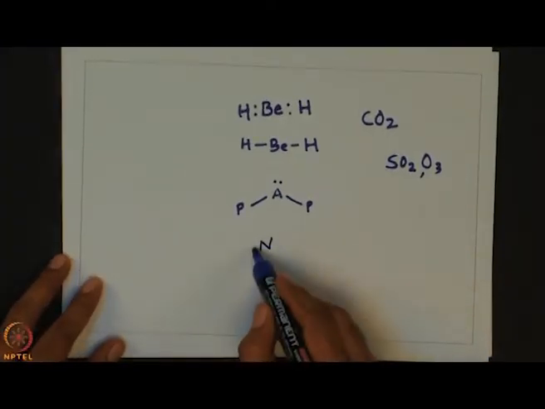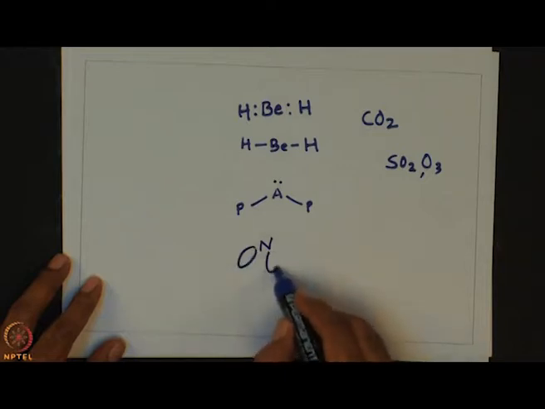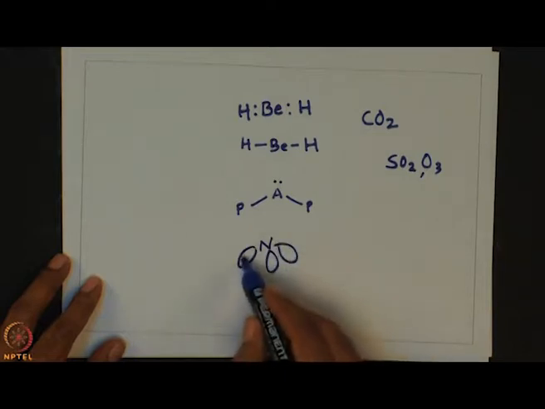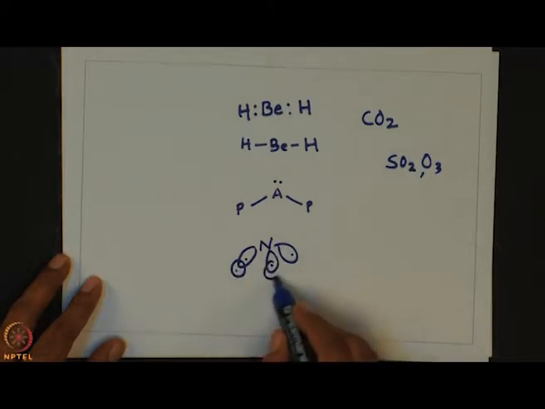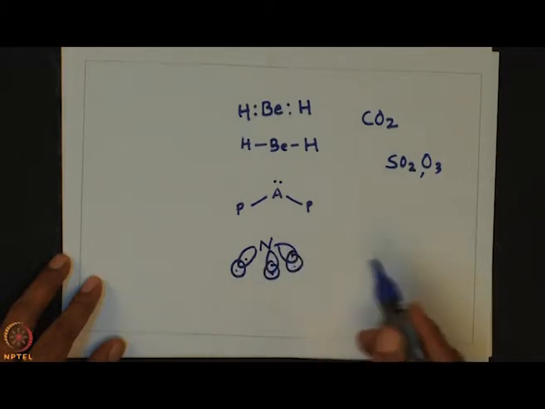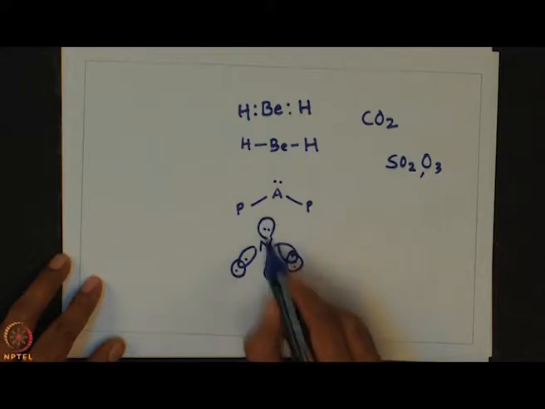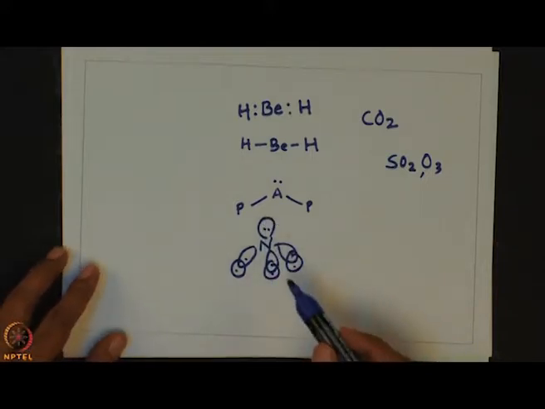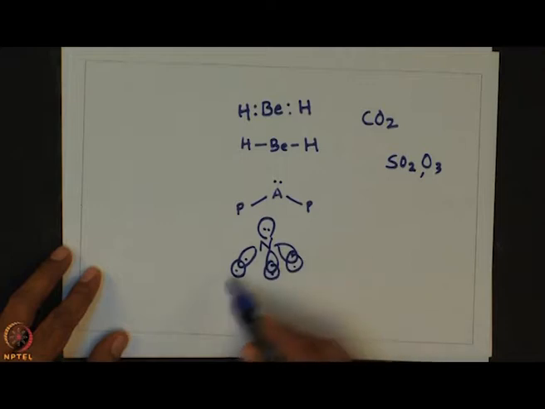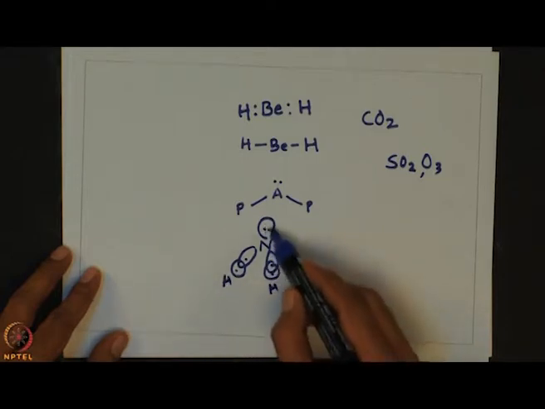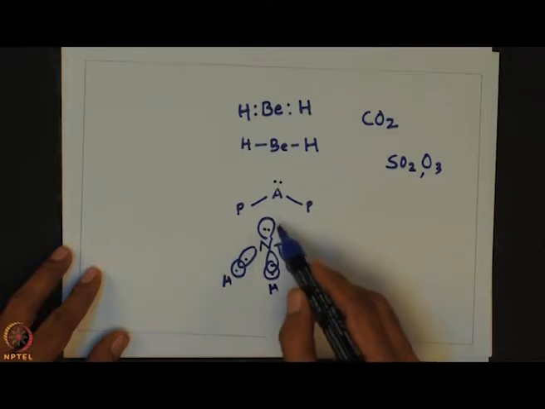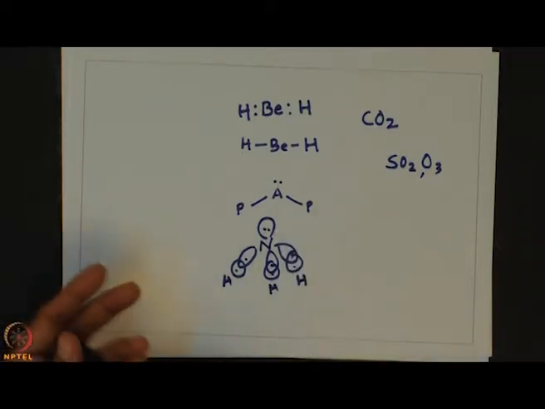N. So, that means here essentially N has 3 covalent bonds with 3 hydrogens, and this unutilized lone pair will be occupying one of the positions.